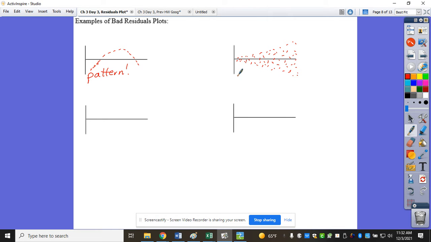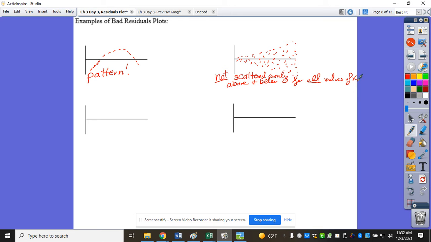This one is breaking this condition. When my x's are small, they weren't scattered much.